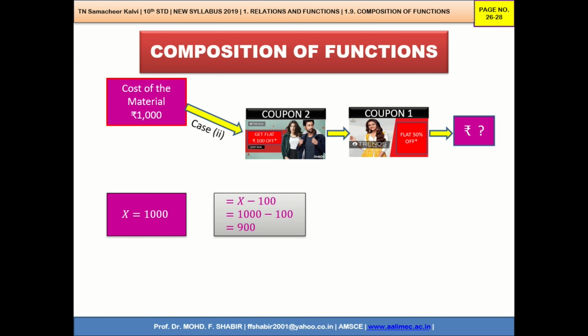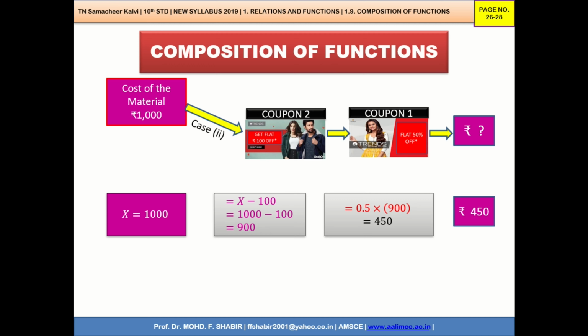After using coupon 2, he has to pay x minus 100, 1000 minus 100 equal to 900 rupees. In addition, if he uses coupon 1, he gets a discount of 50%. Therefore, he has to pay 0.5 into 900 equal to 450. So the customer pays 450. You can see the chain reaction here. Initial amount to 900, then again after using coupon 1, he has to pay 450.